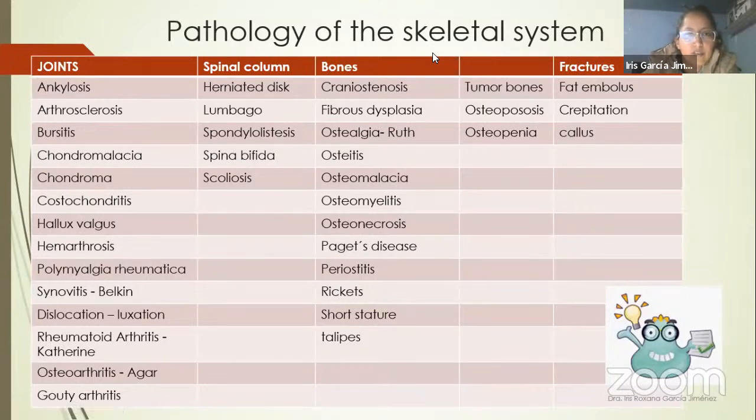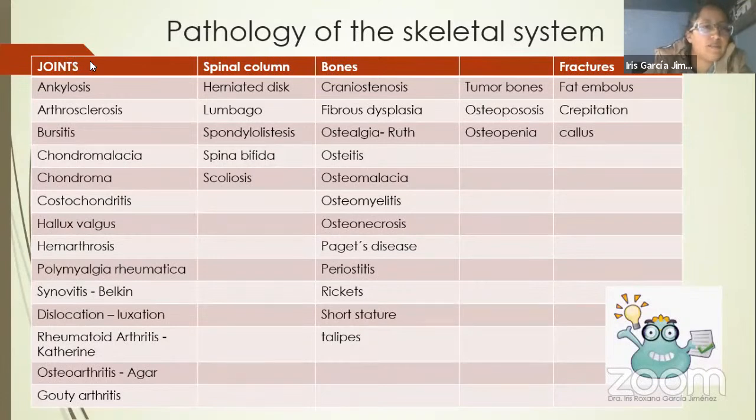These big charts, in all of the systems, I'm going to show you a chart like this, I mean, the pathology of the skeletal system. And we're going to divide the most important ones, not all of them, because it's going to be so large. But we have to consider the way of writing down these pathologies.